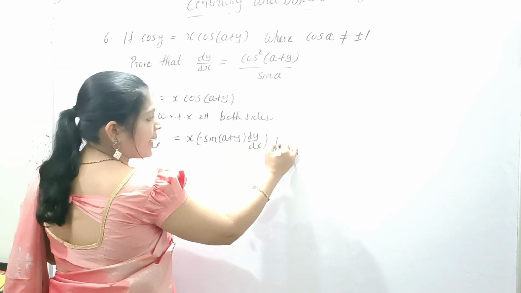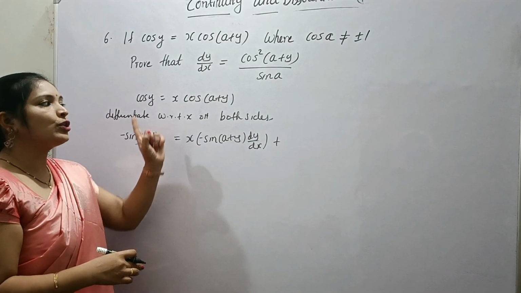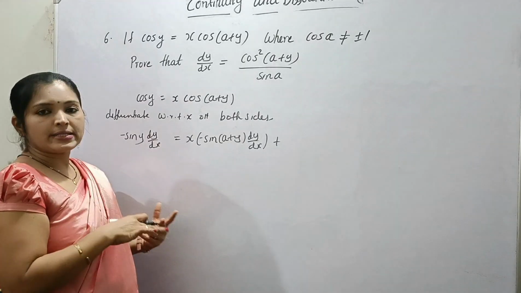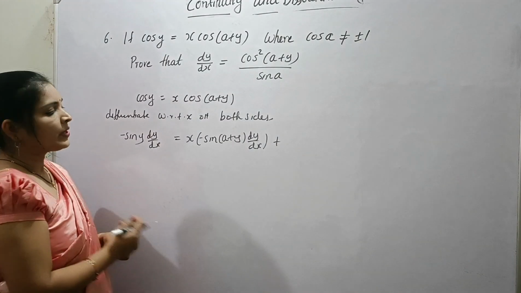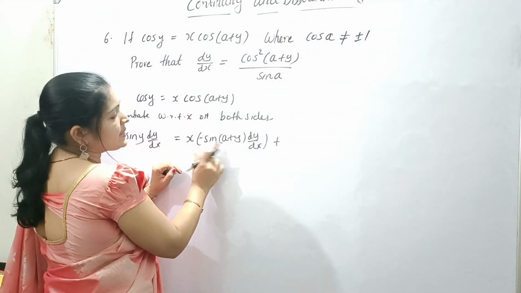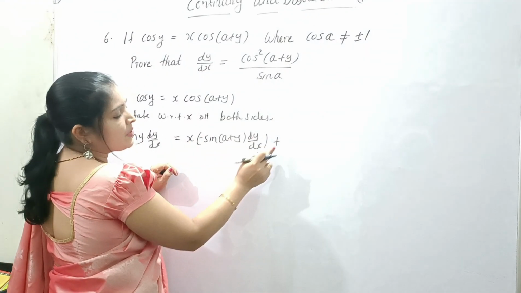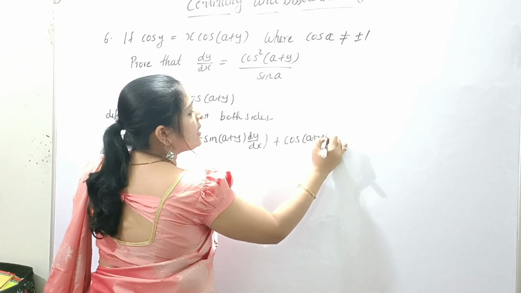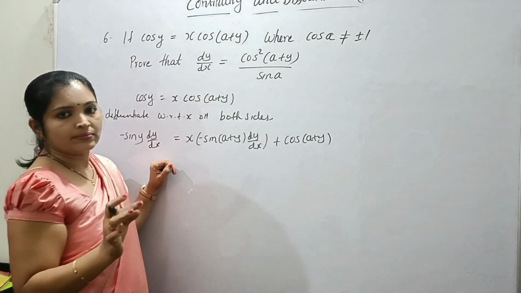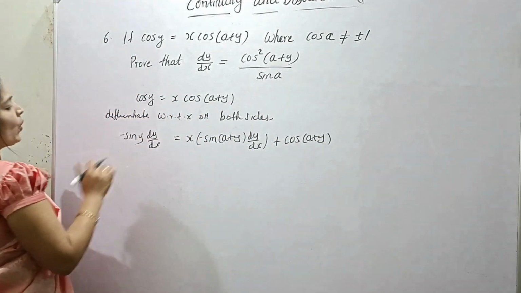Then the next term: first function into the derivative of the second function, plus the second function into the derivative of the first function, that is the product rule. So x into minus sin a plus y dy by dx, plus the second function cos of a plus y into the derivative of x, which is 1.